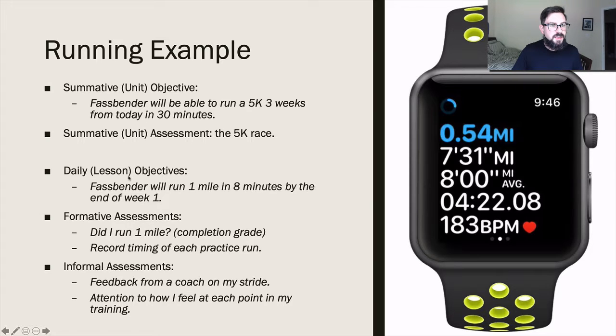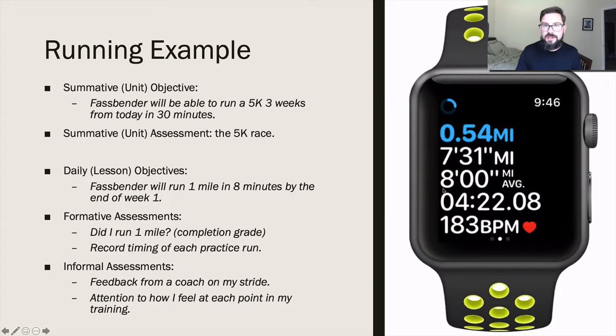If my daily lesson objective is that I'm going to run 1 mile in 8 minutes by the end of week 1, then my formative assessments could be, did I even run that 1 mile by the end of week 1? That's more of a completion grade. But another formative assessment I might collect is to record the time of each practice run.